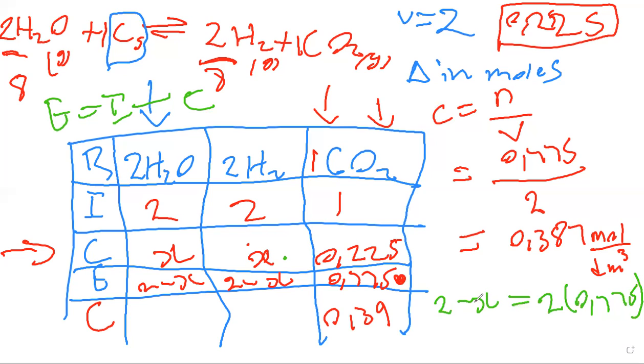Now I can see 2 minus x times this. 2 into 0.775 is equal to 2 minus x.